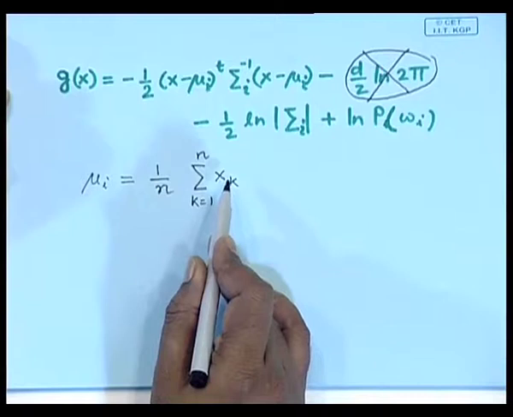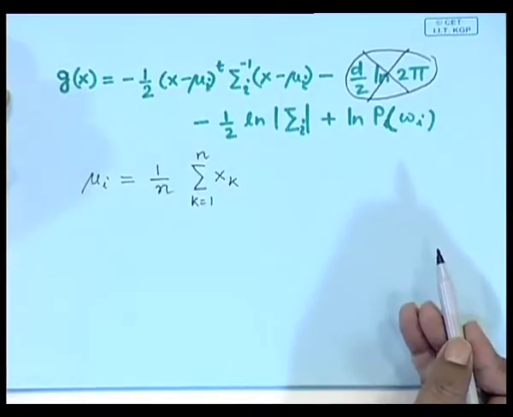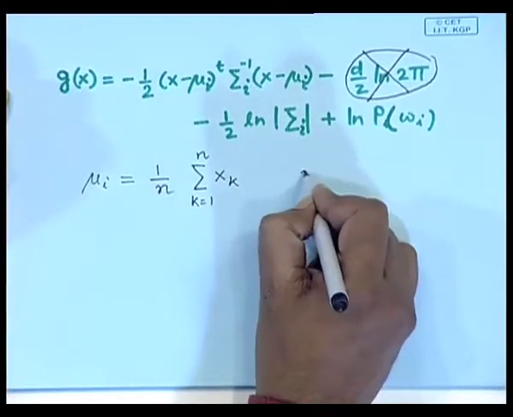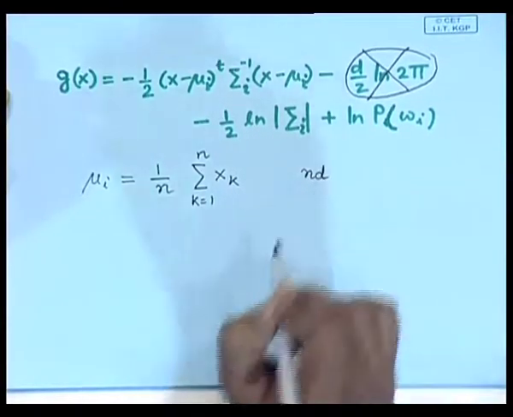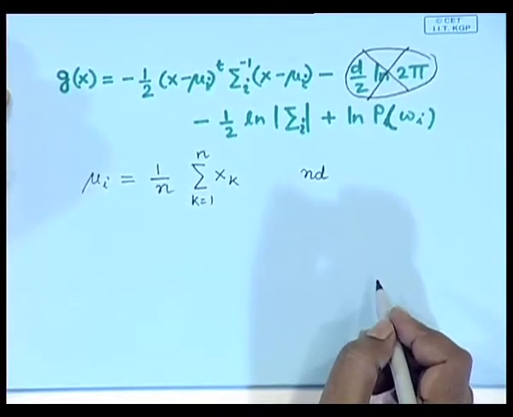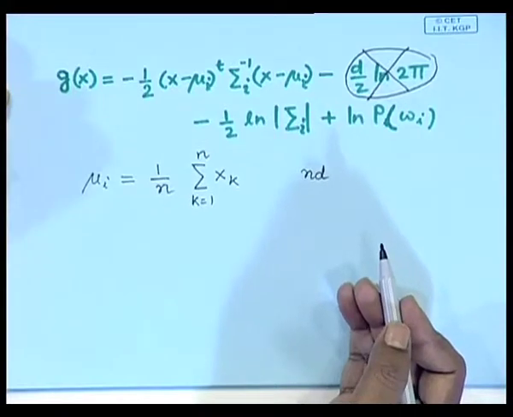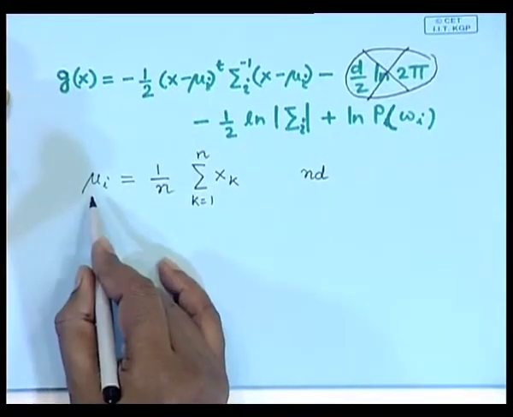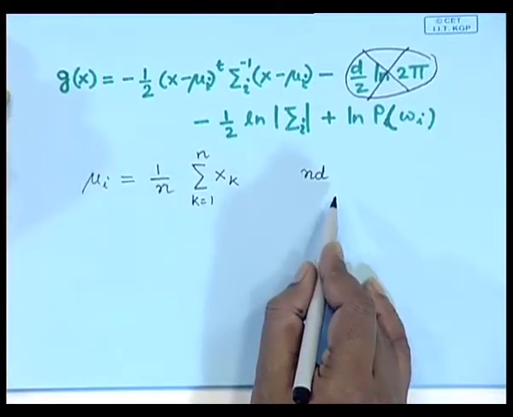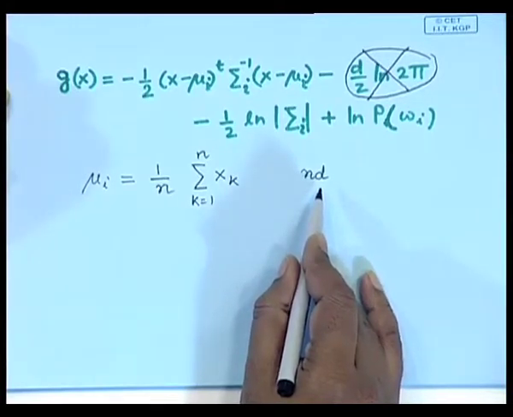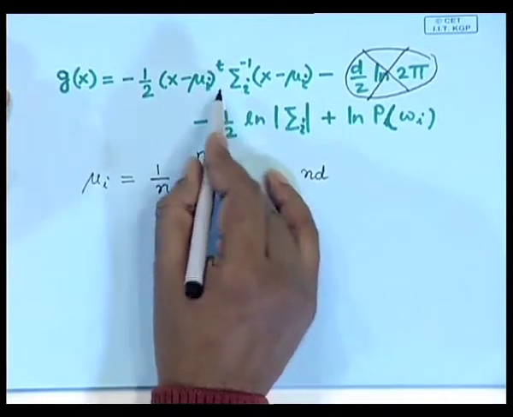For every component I have to compute n summations, that means the total number of summations is n into d, and I can assume that the division takes constant time. So, the computational complexity to find the mean vector is n into d. It depends upon the number of vectors, and also upon d, the dimensionality of the vector.